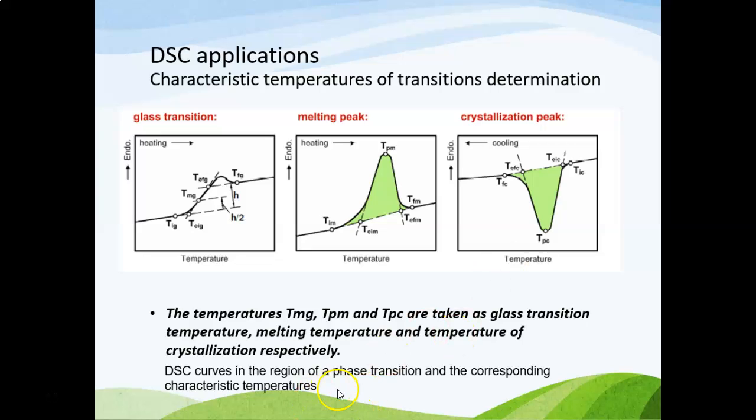This is the DSC curve in the region of a phase transition with the corresponding characteristic temperatures. We can see that the curve is endothermic where the arrow is going upward. So Tg is going upward, Tm is going upward, and Tc is going downward.